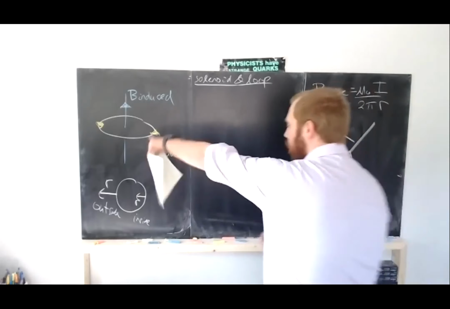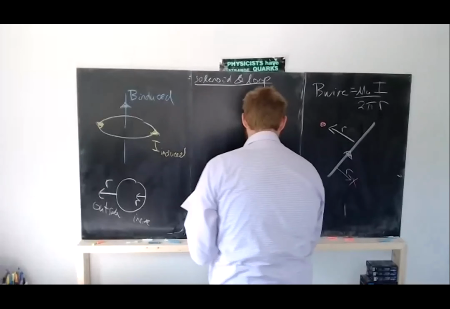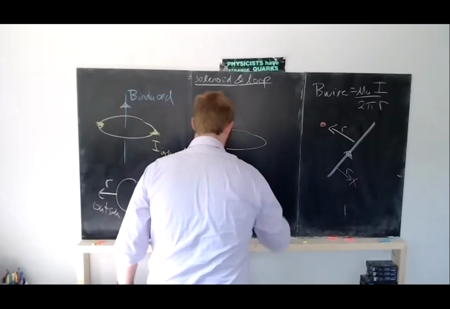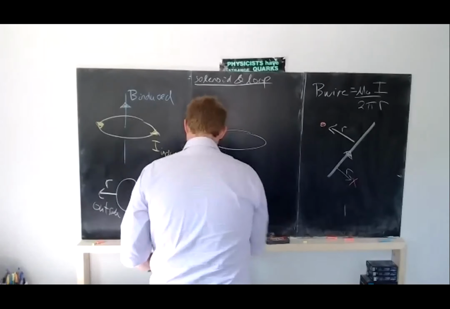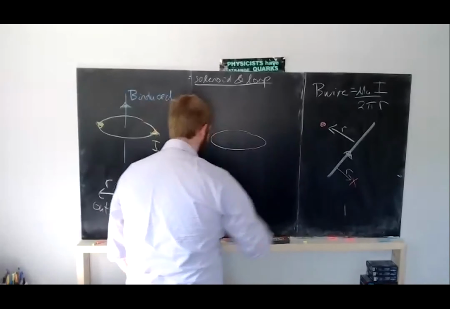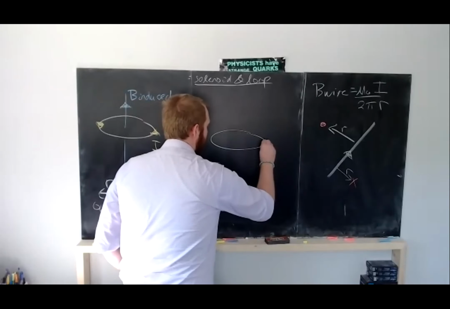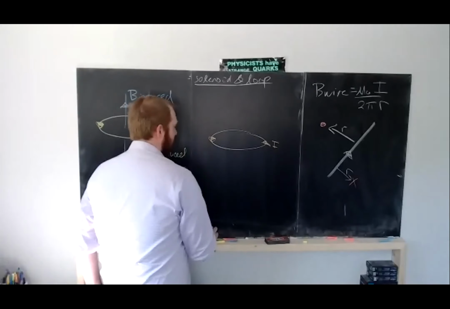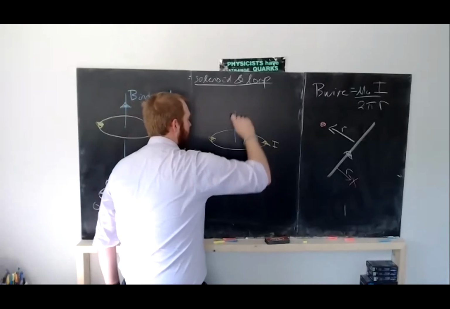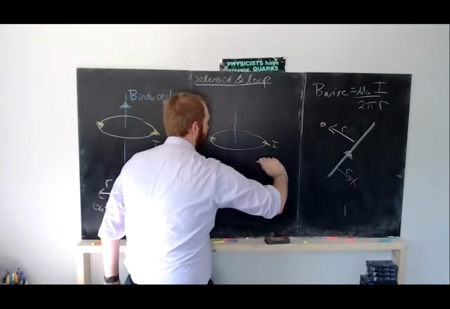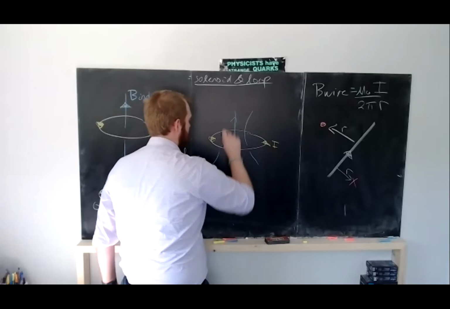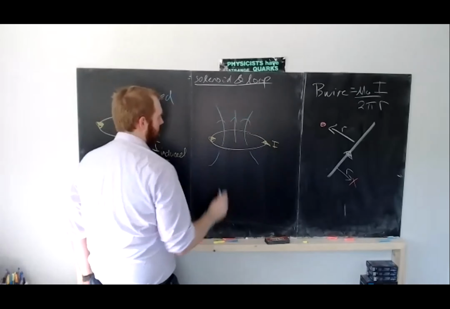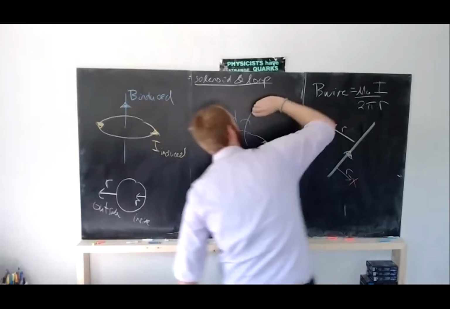So a loop of current looks like a north-south bulb. I have current doing this. All right, look at what's the magnetic field. Well, inside it's doing that, which means on the outside it's doing the opposite.